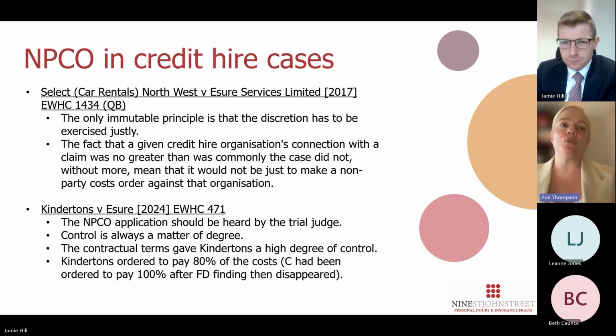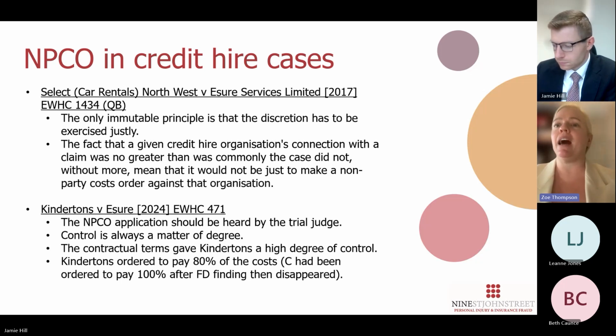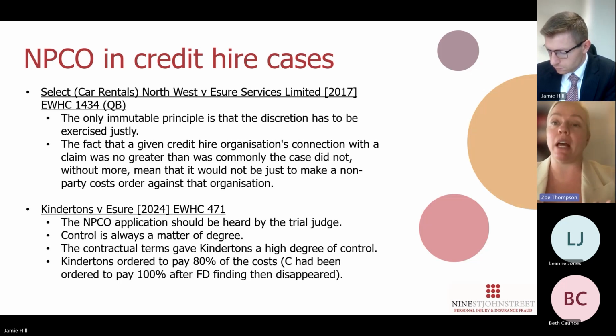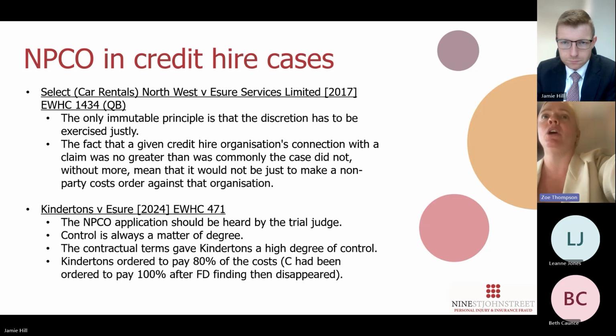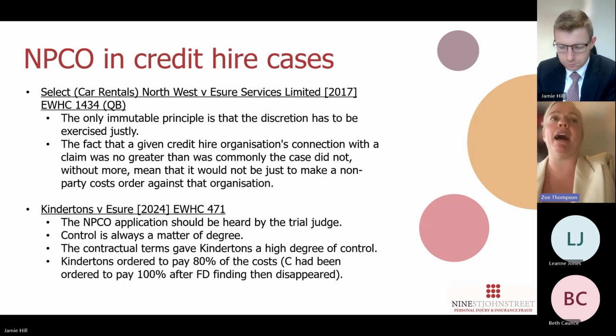So what the claimants were arguing was, look, the credit hire company hasn't actually done anything to control the litigation insofar as they haven't interfered with the litigation. And the second argument that claimants were successfully running in these applications was a causation argument. In other words, that the case would have been fought anyway, regardless of the credit hire argument, for example, because liability had been an issue. So there was a real mixed bag of results.